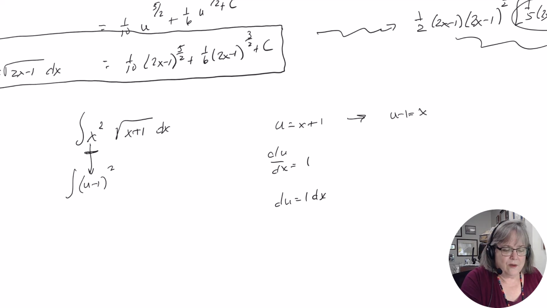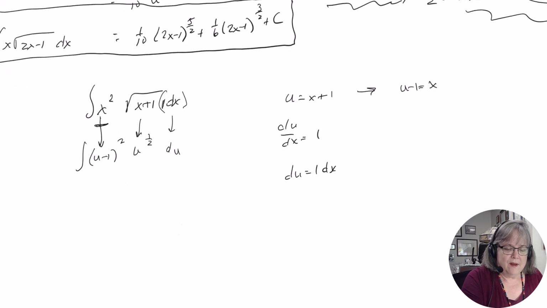This is u to the 1/2. That's this part. And this is 1 dx is du. So what I have is u minus 1 squared u.